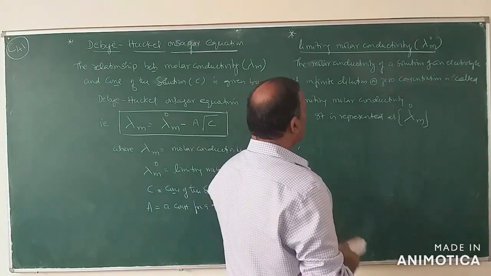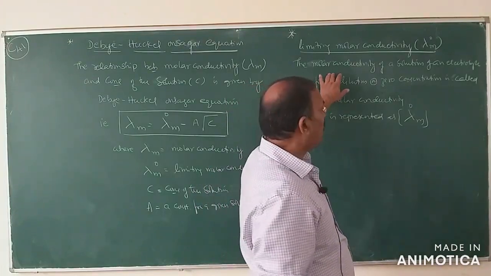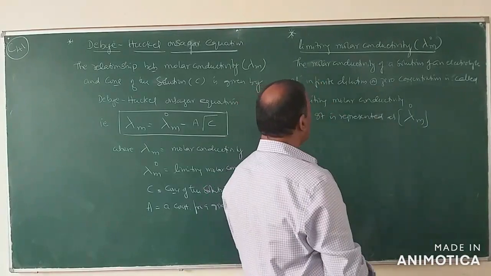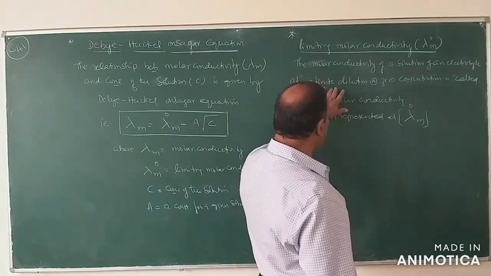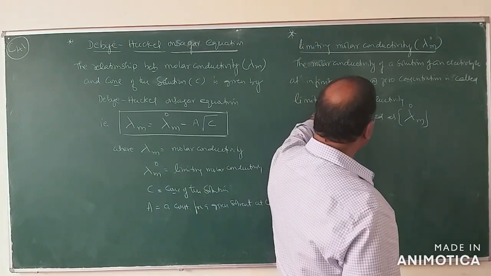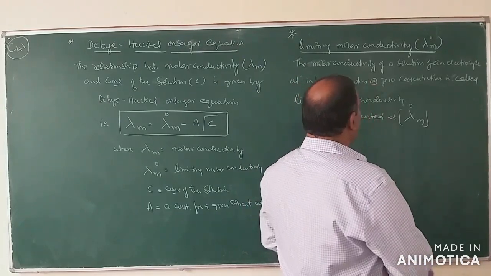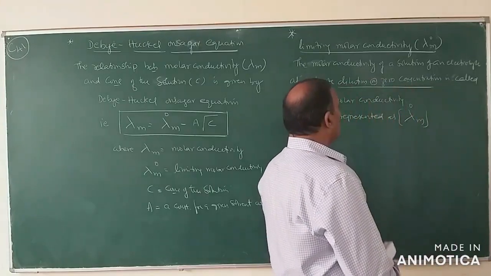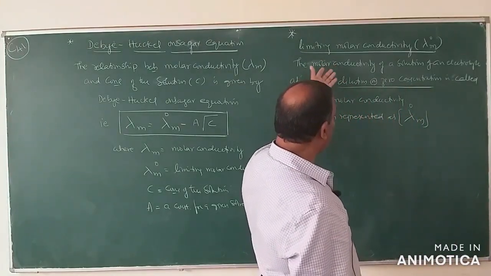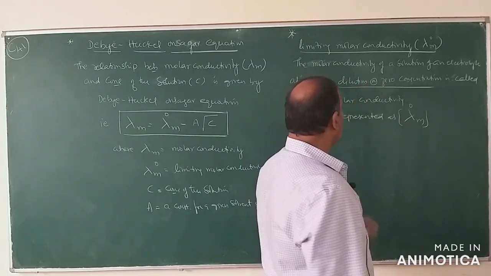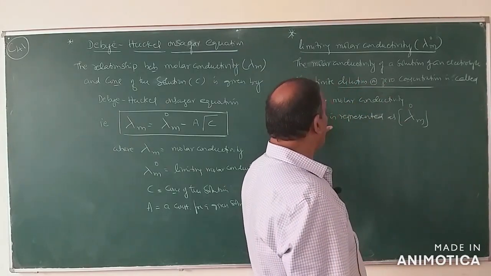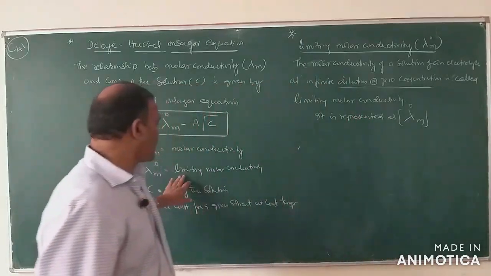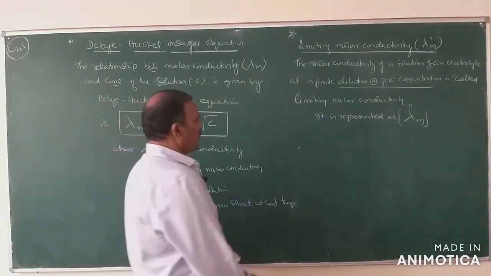So molar conductivity of a solution of an electrolyte at infinite dilution, the solution is diluted to that extent that its concentration is almost zero. The molar conductivity of solution at very infinite dilution or zero concentration is called limiting molar conductivity lambda m0. So here lambda m0 is known as limiting molar conductivity.